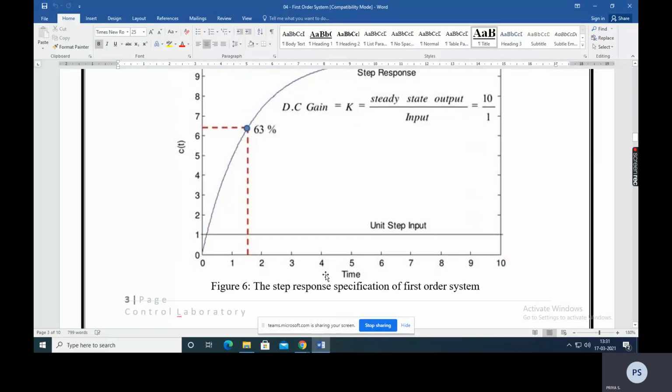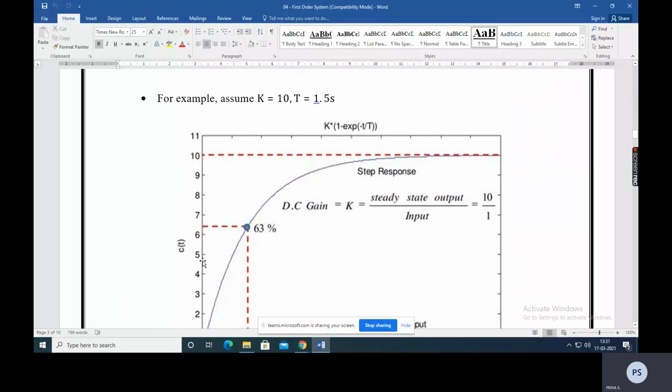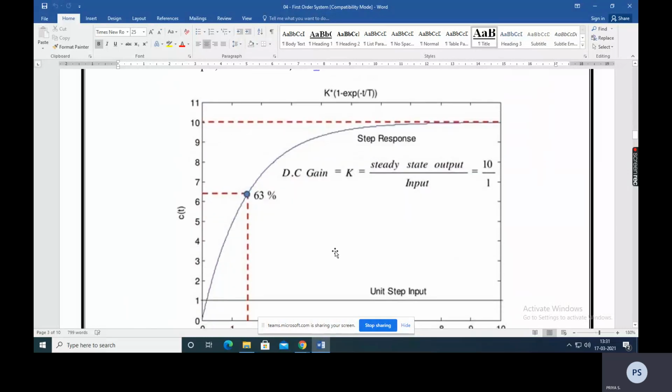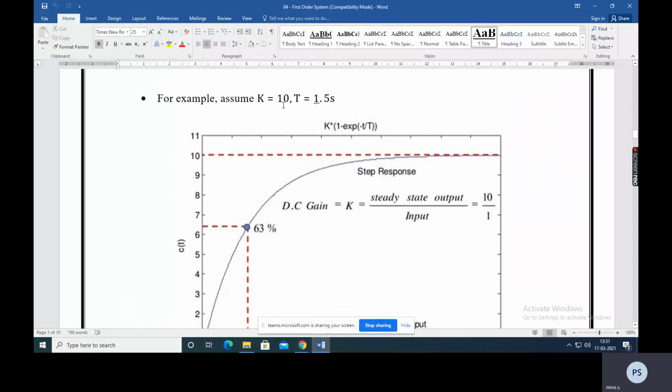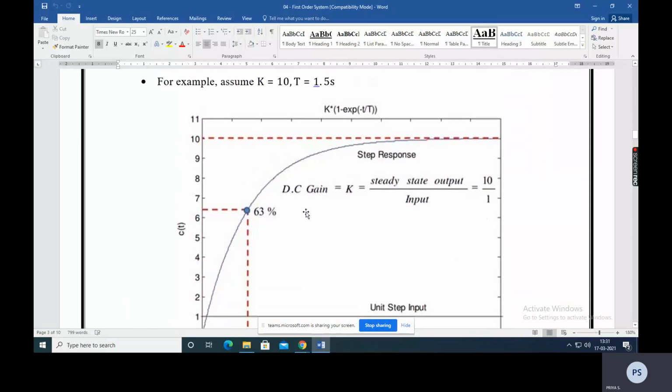Okay, so I am going to plot the response. How am I going to plot it? On the x-axis I am going to take the time, and on the y-axis I am going to take C(t). So when K is equal to 10 and T is equal to 1.5 seconds, my plot is going to be this. That means the gain K is equal to 10 and the time constant T is equal to 1.5 seconds.